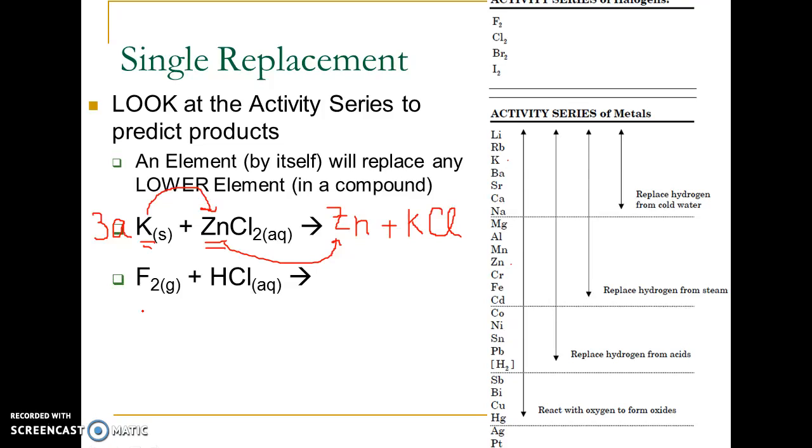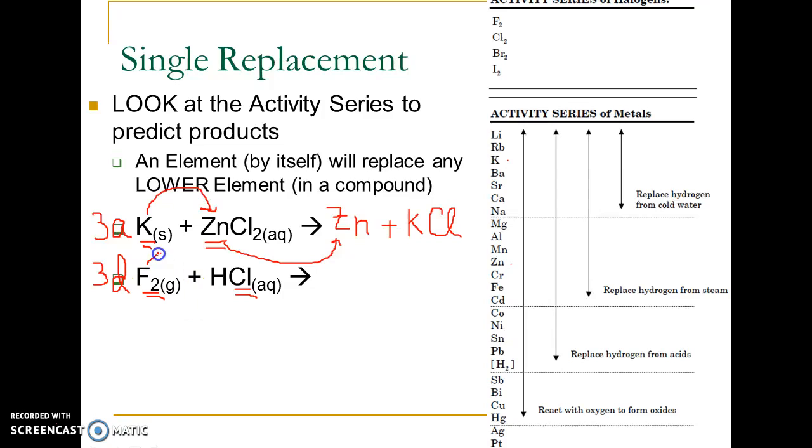Even though I do have an acid here, I don't have any metals, so this cannot be a 3C. So through process of elimination, I have decided this will be a 3D chemical equation where I have my halogens, which is fluorine and chlorine, switching places.